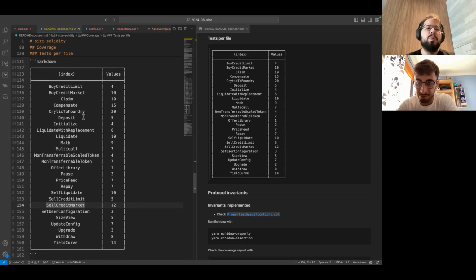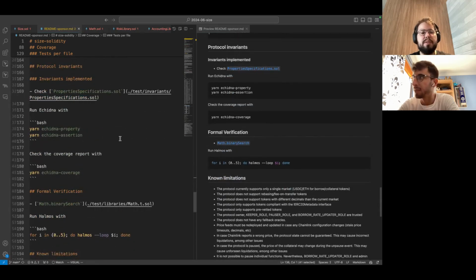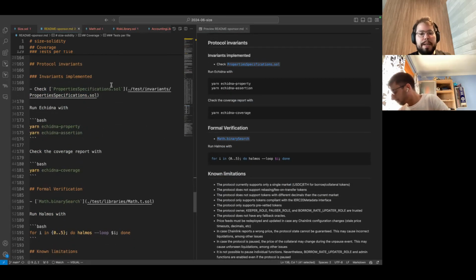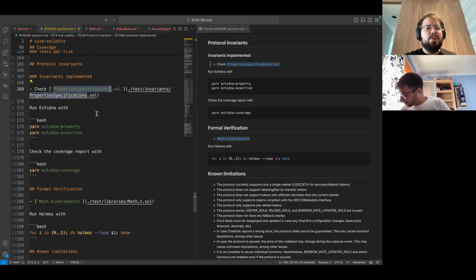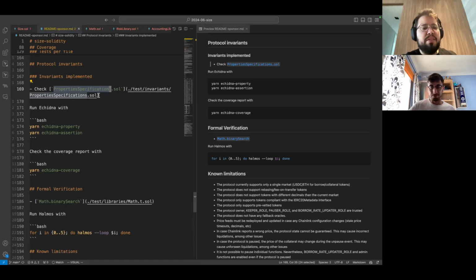And this is also helpful because you can expand on different scenarios. So you're like, okay, maybe there is a very limited number of limit order tests, only 4. Let's try to expand this. Then we have some invariants that maybe are too extensive to talk about now, but we can do that later.